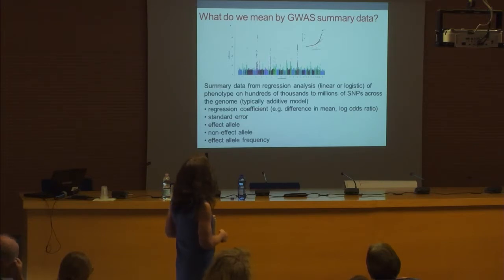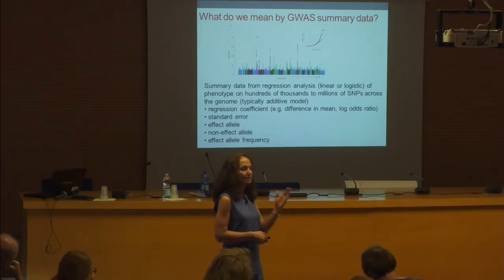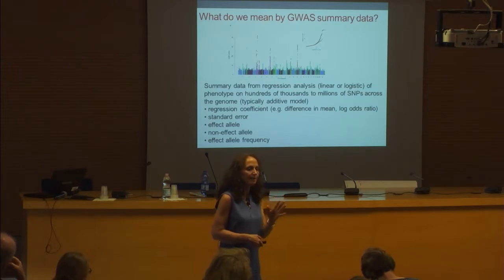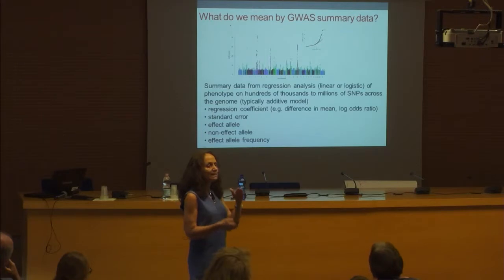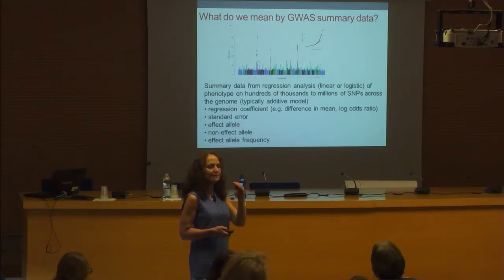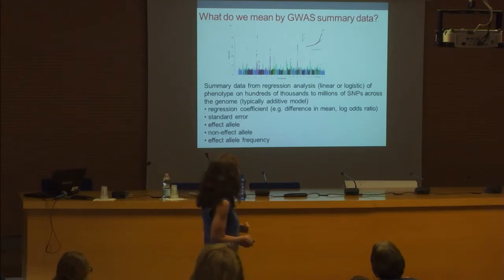This is often in the papers because it's not very interesting to try and present 2 million association statistics in a paper. Very few journals would accept that. They'll accept quite extensive supplementary tables, but usually no more than the variants that are genome-wide significant. So for example, 97 with BMI.